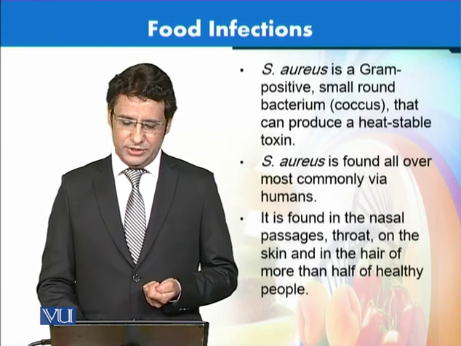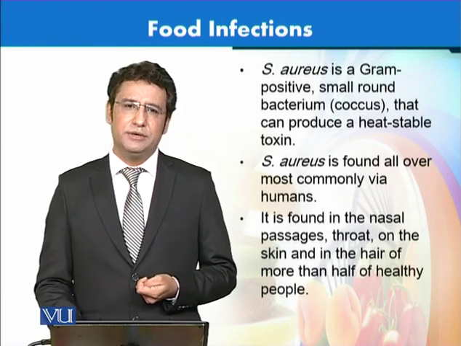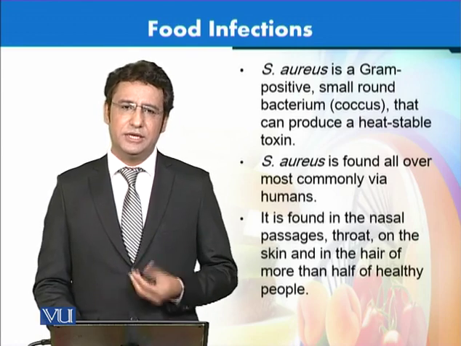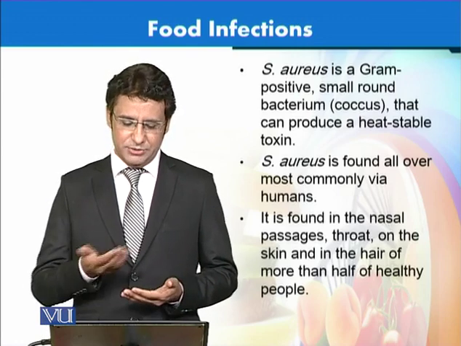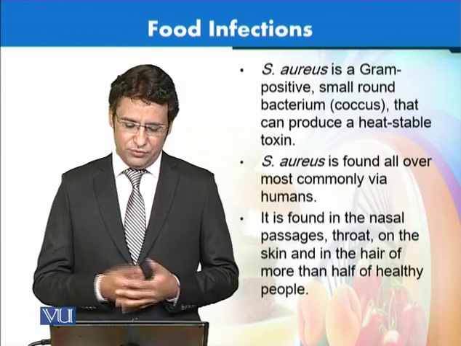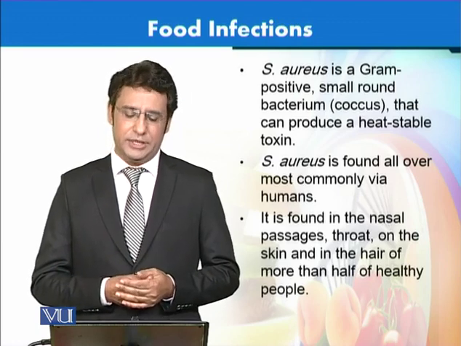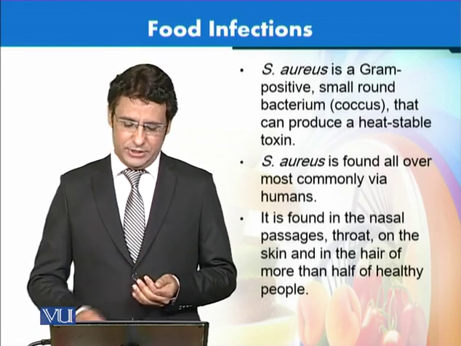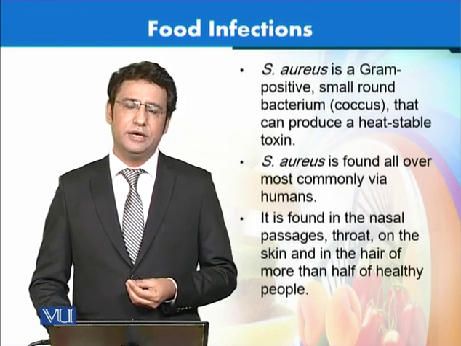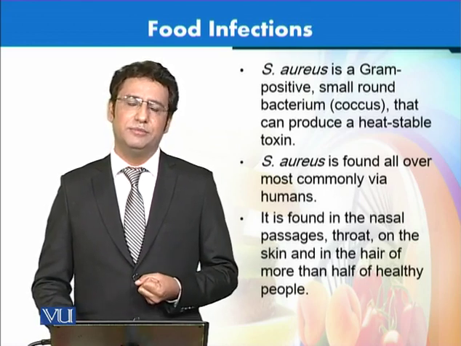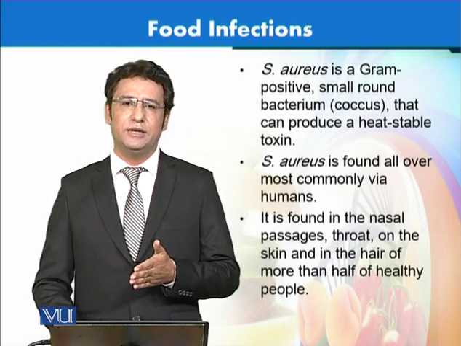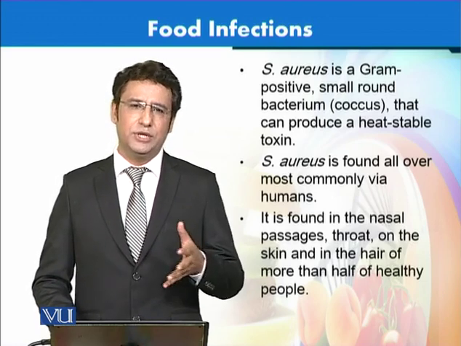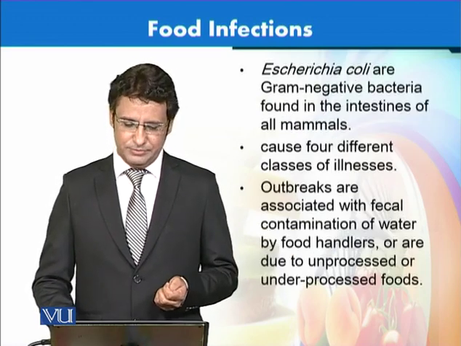It is almost always present in humans, on their skin as well, and it can be easily transmitted to food and food surfaces. Normally on nasal passages, throat, and skin, humans are the carrier of this pathogen, and from there it can get into food and then infect other humans.